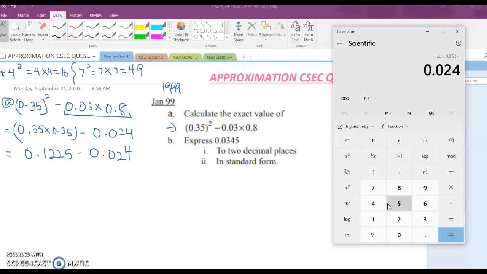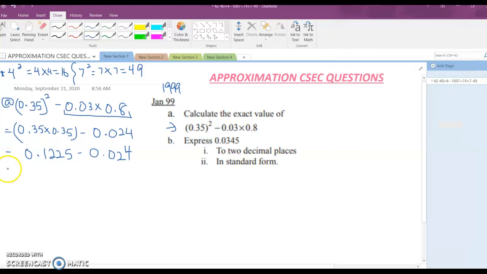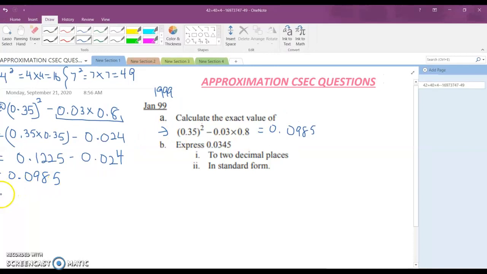Again, we do that on the calculator, but do everything in pieces, right? And then we get 0.0985. And this is my answer right here, 0.0985. Good. So that's the first piece here.